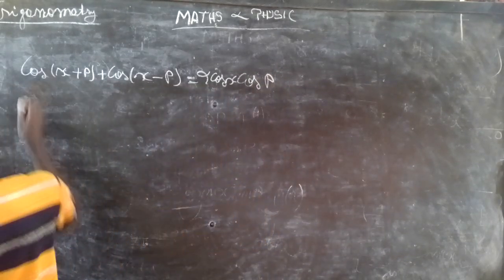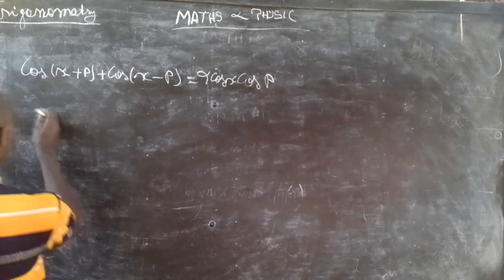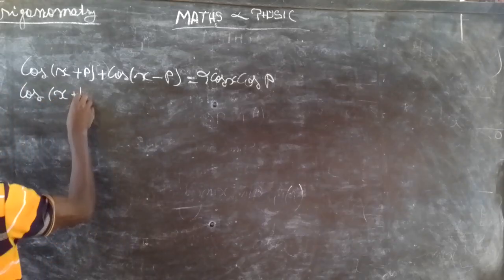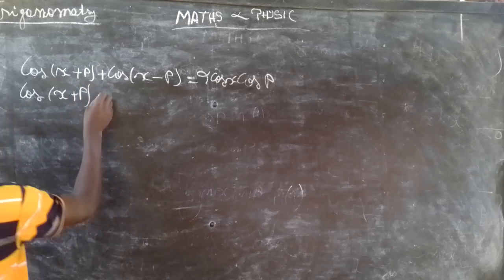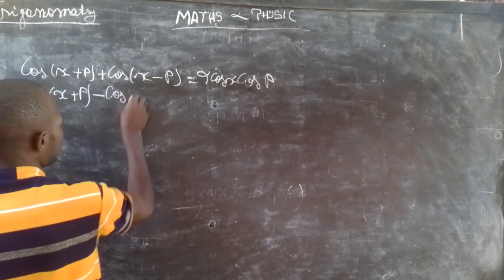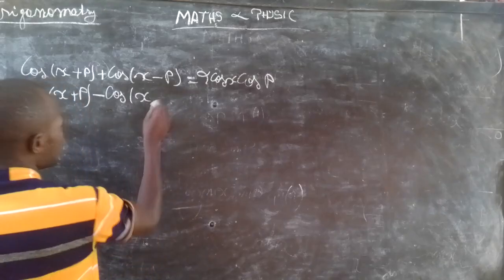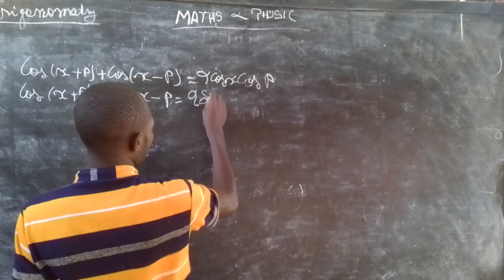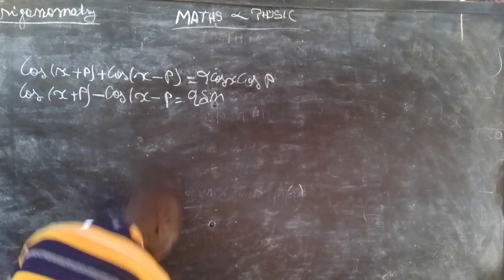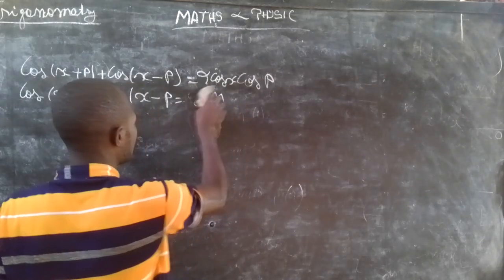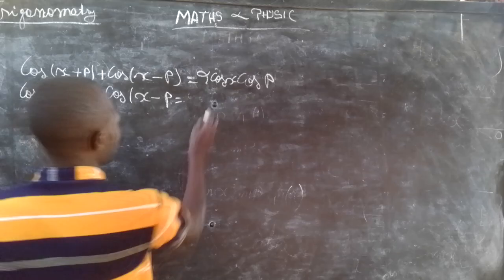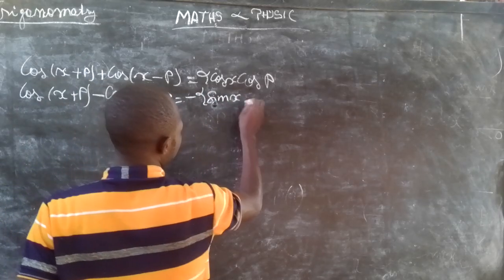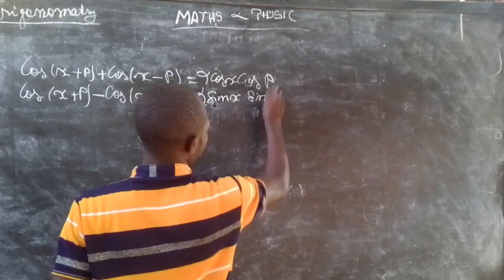And cosine of x plus p minus cosine of x minus p will give us negative 2 sine x sine p.